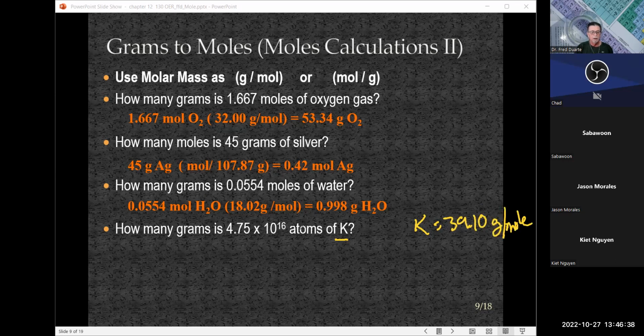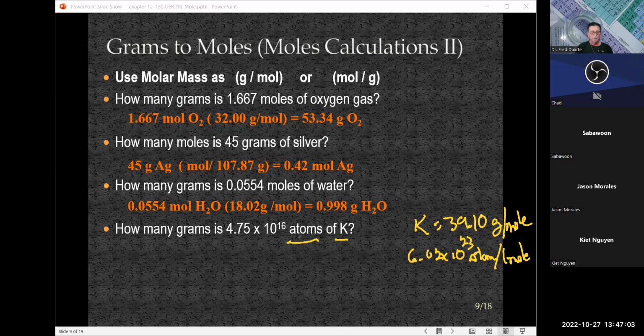We're talking about atoms here, so guess what? We're going to be using Avogadro's number: 6.02 times 10 to the 23rd atoms per 1 mole. So that factor would be involved there. I think we got everything we need.